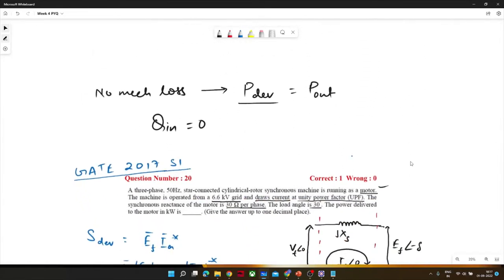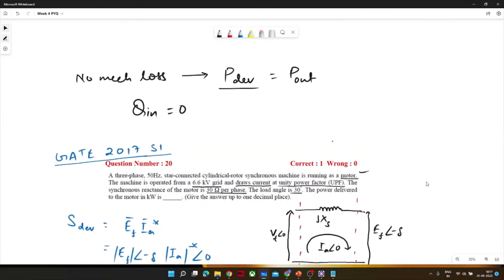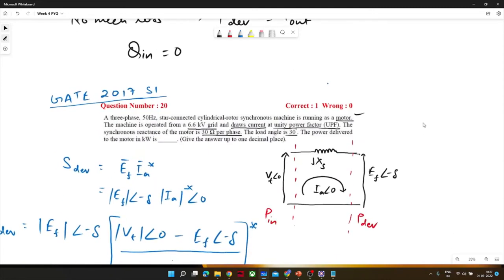In this problem also, no mechanical losses are given. So this is the circuit of the motor, from Vt, the input power side, to the developed power side. Power flows from higher angle to lower angle.